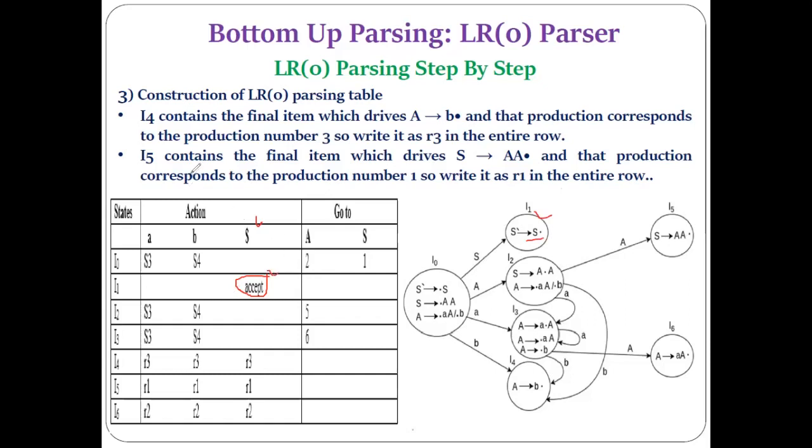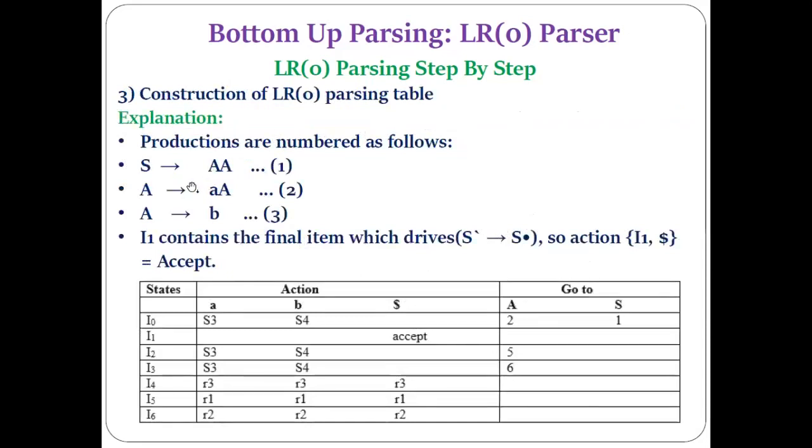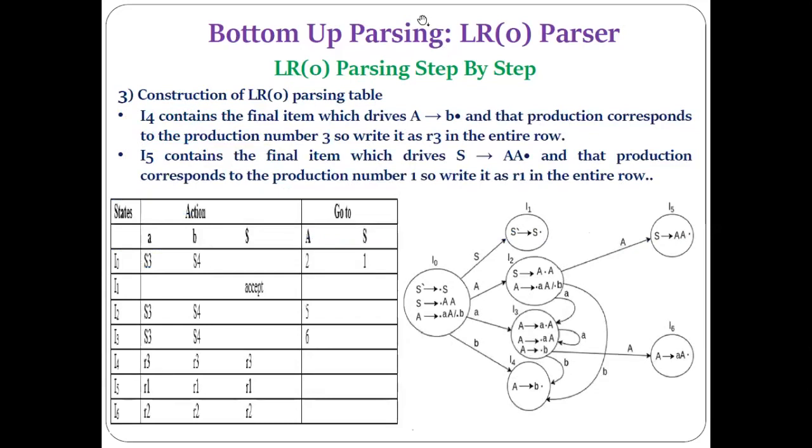Now let's focus on the final item states. I4 contains the final item, which has a production rule like A derives B dot. Now this production number, if you see our previous slide, we have production numbers 1, 2, 3, and A derives B is production number 3.